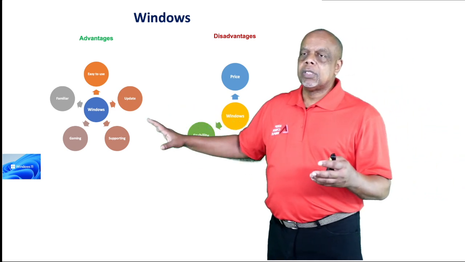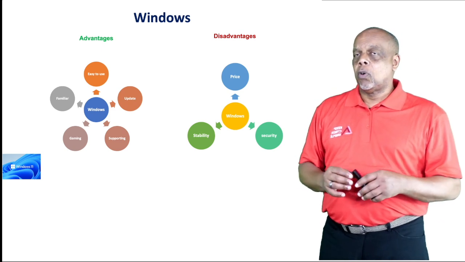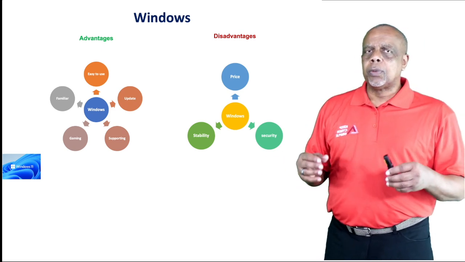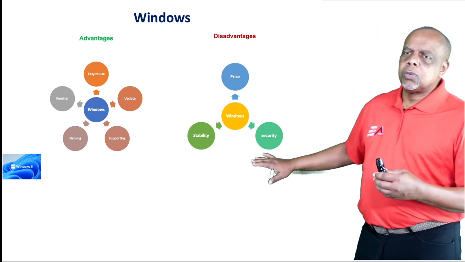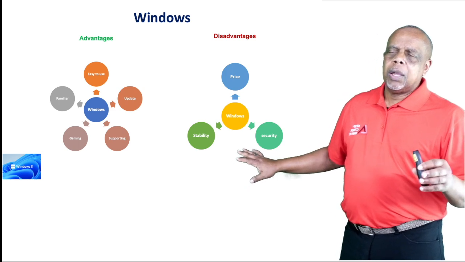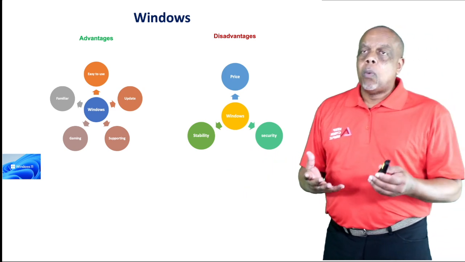Some of the disadvantages: the price. Windows, if you're buying it, can be expensive, or if you're having to subscribe to Microsoft 365, that can be expensive. There are some issues with security, as with all operating systems. It's not that Windows is any worse so far, but there are things with security and stability. And why is that?